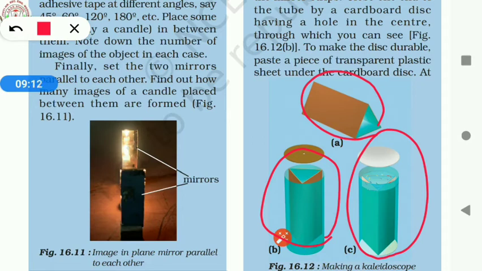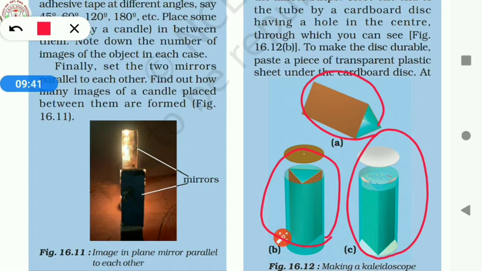An interesting feature of a kaleidoscope is that you will never see the same pattern again. A variety of patterns will form when you tilt the kaleidoscope to different sides. So what is the use of the kaleidoscope?